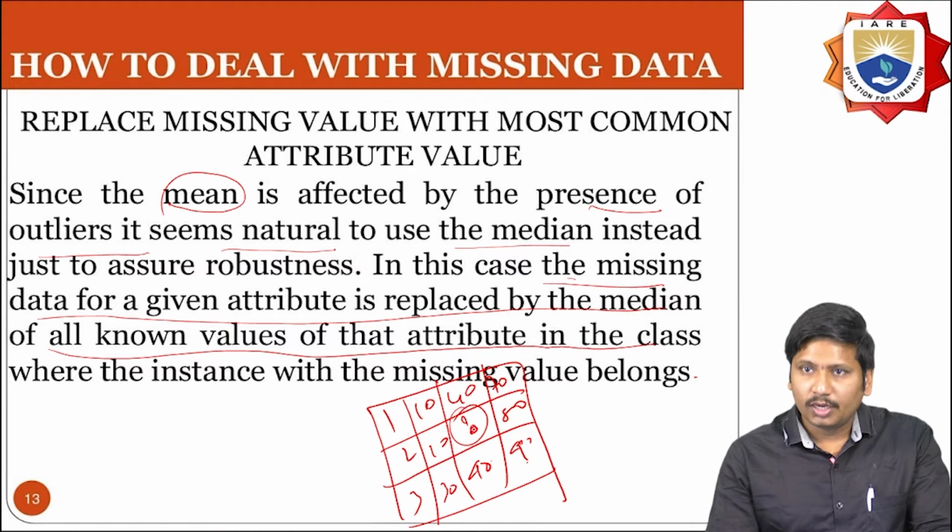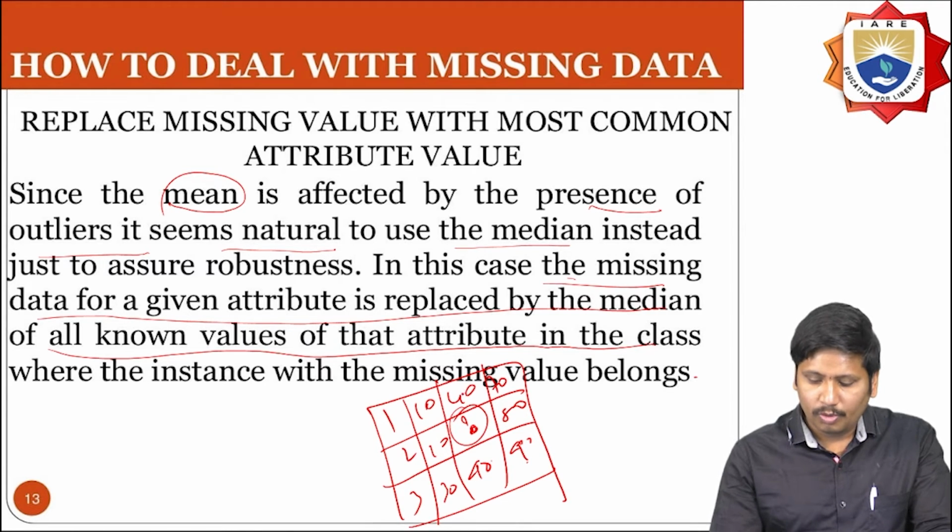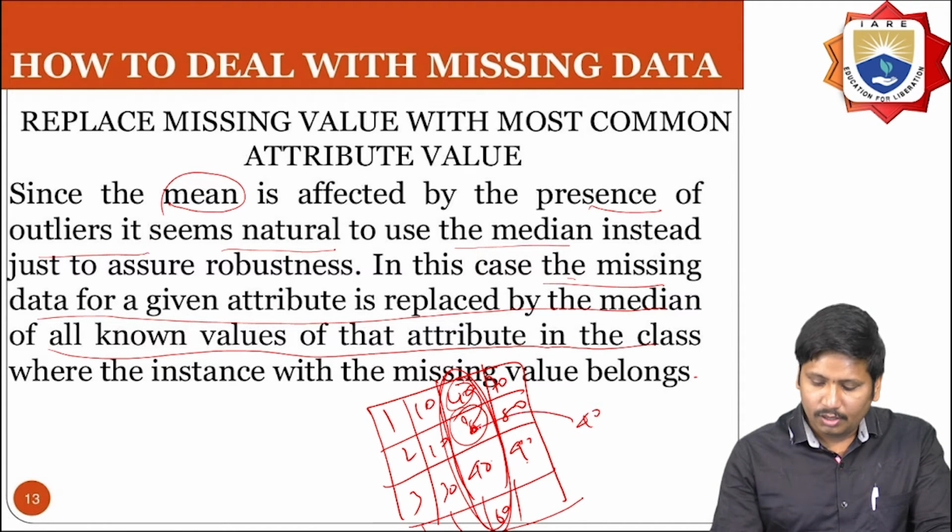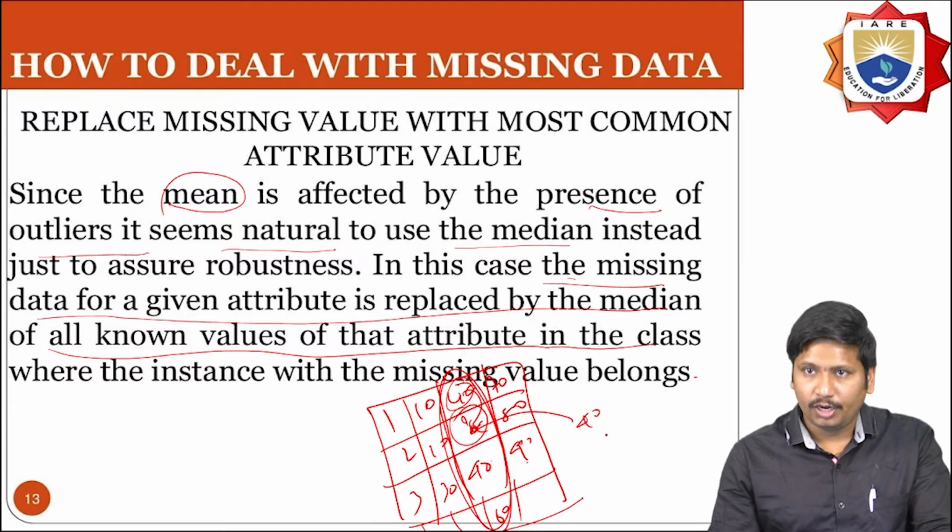So instead of this one, what I have to do is use the most common value. The most commonly occurring value is 40, or sometimes I'm having some other row like 60. Among these, the most common value is 40, right? So this 40 is going to be filled in for the data I missed here, right? 40. So this is how the method works.